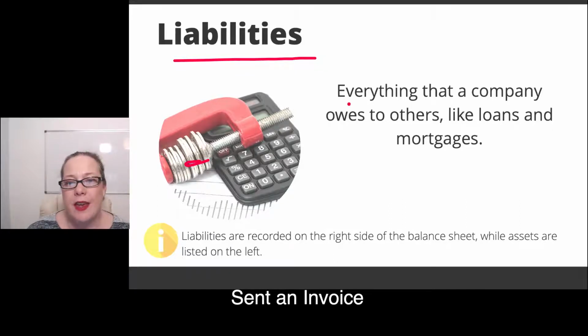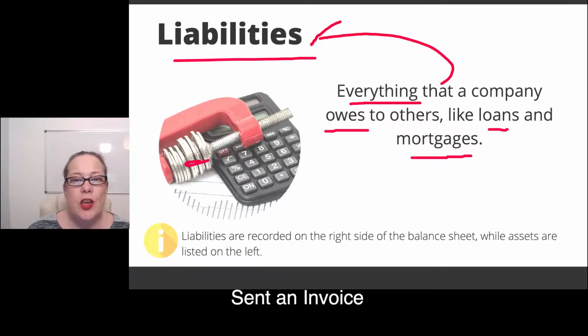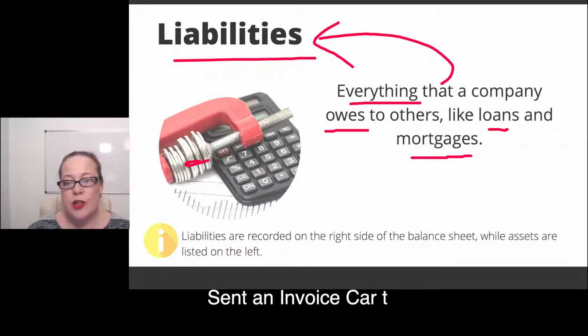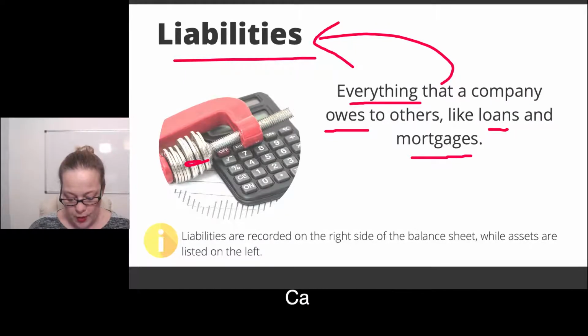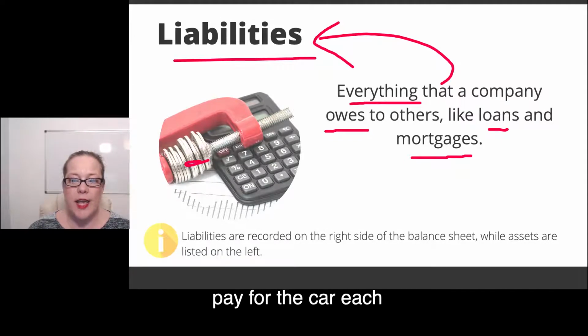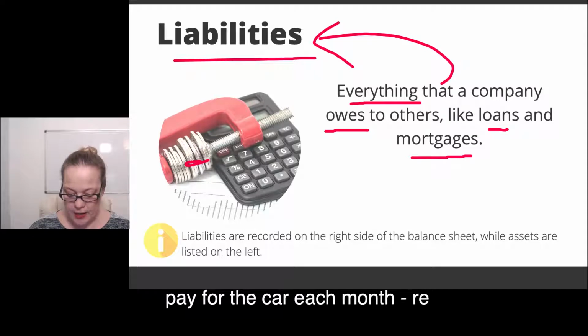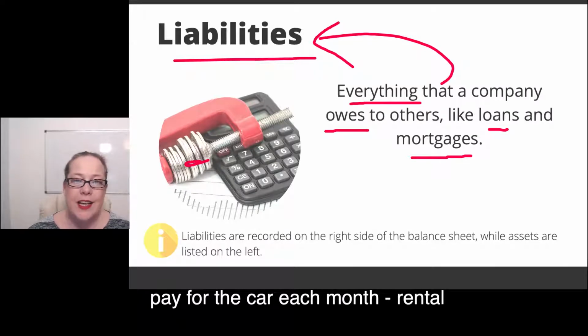So everything that a company owes to others, like loans and mortgages, are liabilities. Okay, so maybe you have a car that your business doesn't own, but you pay for the car each month as a rental. That would be a liability.